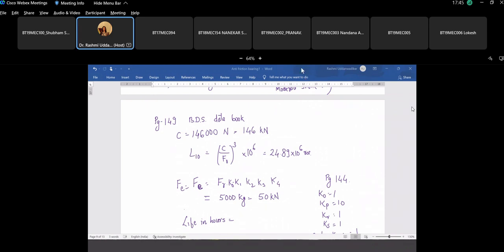Vaishnavi? Rishabh? Rishabh Verma, Rishabh Chauhan?